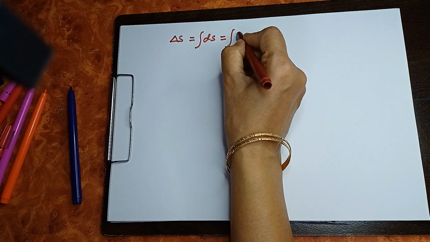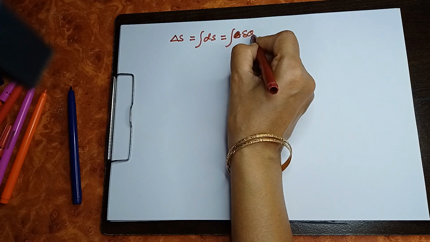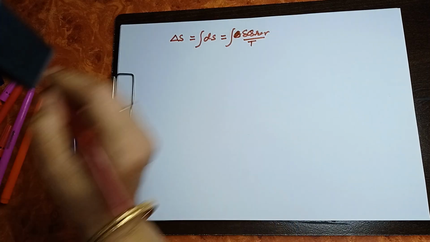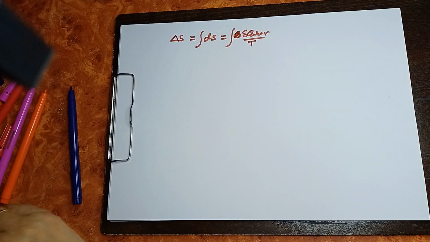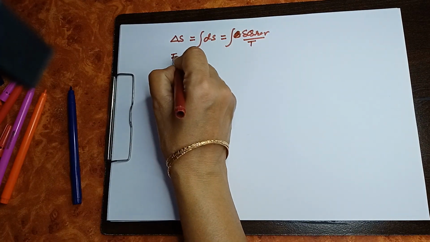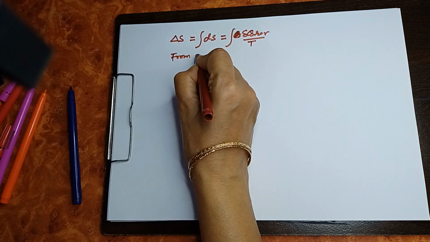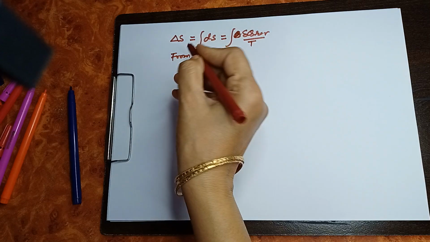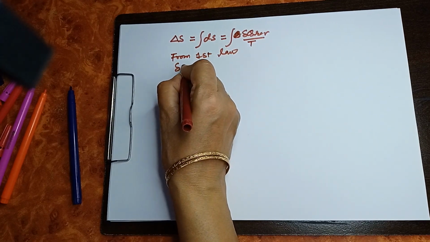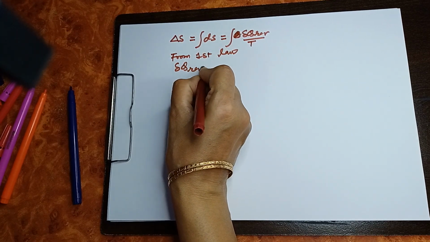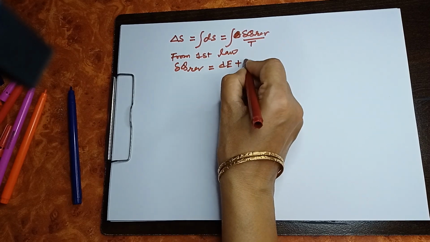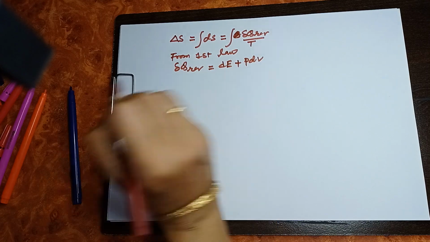So this is del Q reversible by T. Now, from the first law, we know that del Q reversible is equal to dE plus PdV.